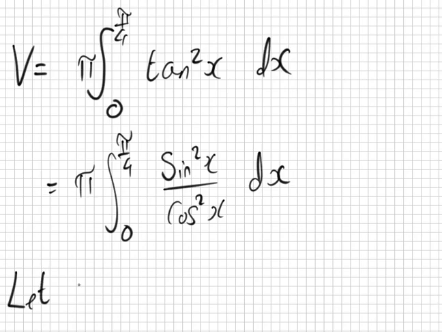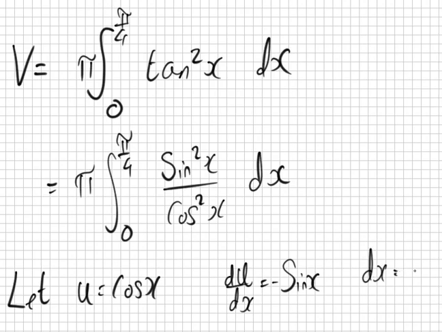Let u equal cos x. So du dx equals minus sine x. So dx equals du over minus sine x.